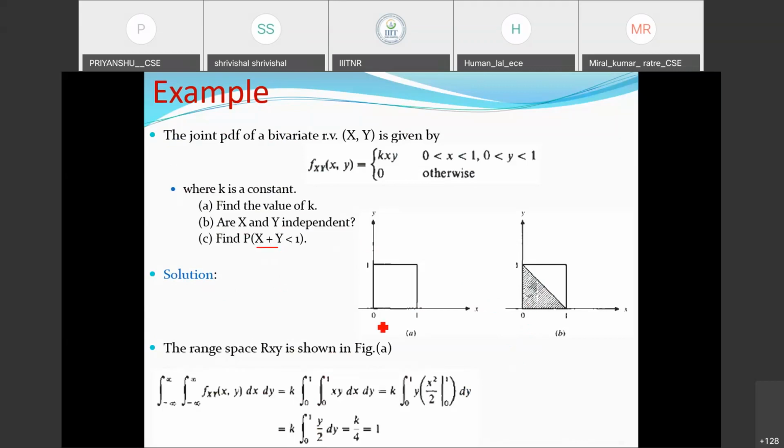It's already defined: both start from 0 and go to 1. So the minimum value is 0 and the maximum is 1. As the condition is given, the summation of x plus y needs to be within 1.